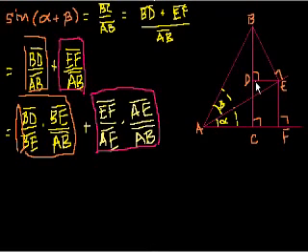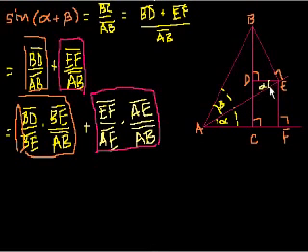Since AF is parallel to DE, and AE intersects both, we know that the inner angles with parallel lines, this is also equal to alpha, right? Because you can imagine a long parallel line here, and then this line intersects both. If this is a little confusing, maybe you want to review a little bit of the parallel line geometry, but I think this might make sense.